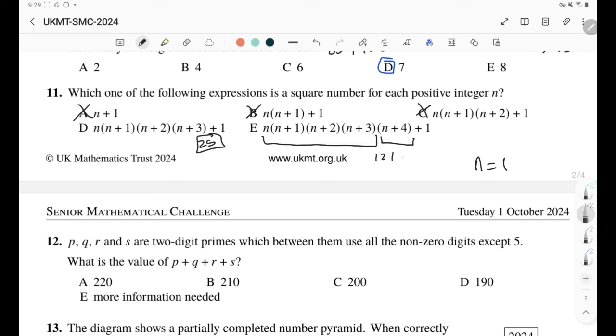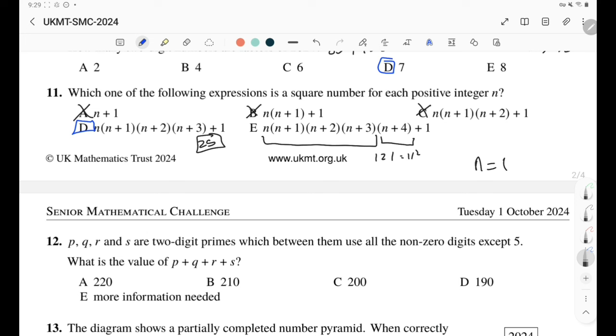Yes, this thing is 11 squared. So now either D is the answer or A is the answer. To decide, we plug in 2 and calculate this number, and we will see that it will not be a perfect square, so that leaves D as the answer.